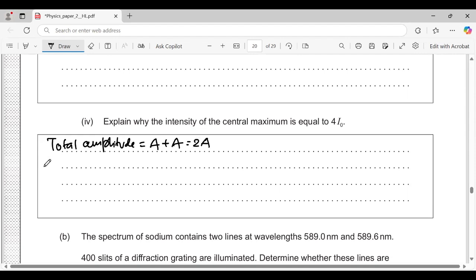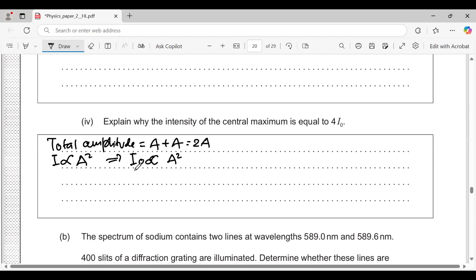The intensity of a wave is proportional to the square of the amplitude, proportional to A squared. This is the intensity of the wave. The intensity from one slit at the central maximum is I0, so we can write I0 proportional to A squared.